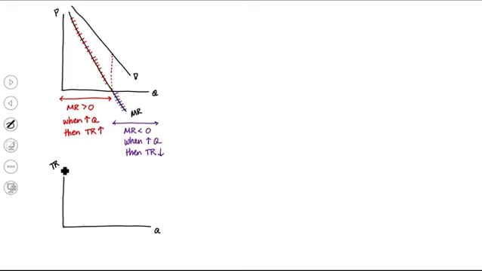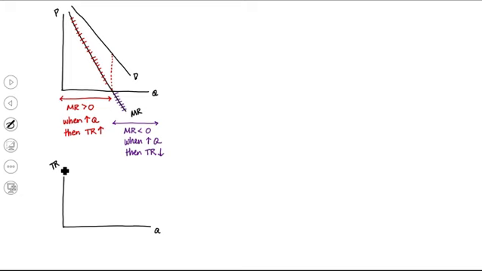If we're in the red region of our graph, what's happening to total revenue? It's going what? Up, right? But if we're in the purple region, total revenue is going which way? Down. So where is my total revenue curve maximized? Where does total revenue hit its highest point? Right?